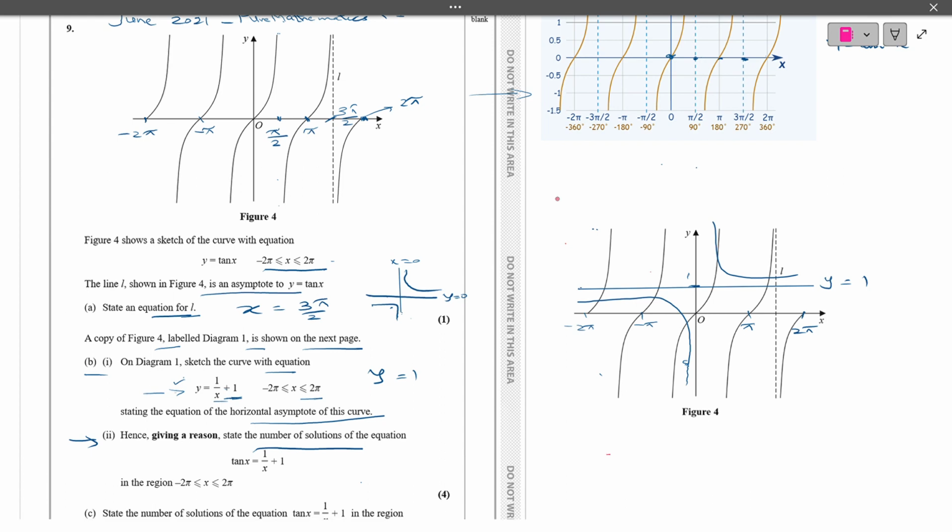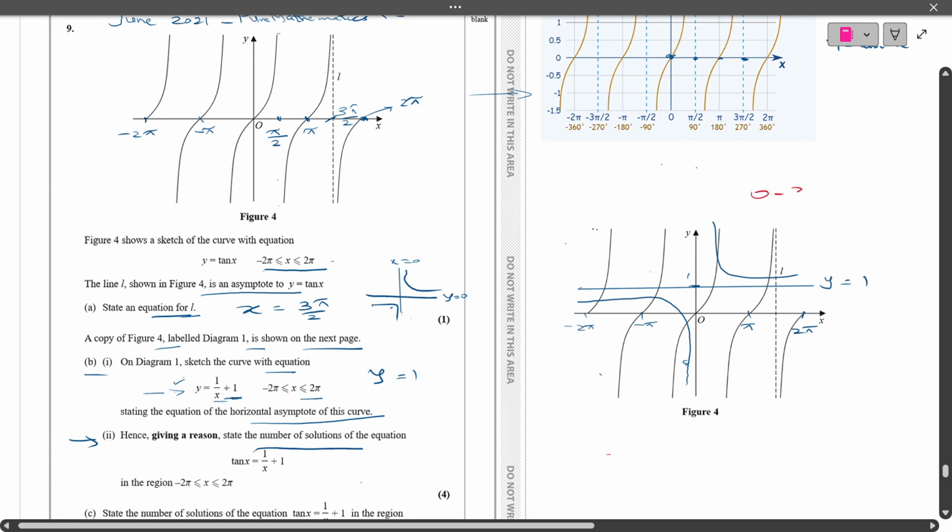Let's look at from 0 to 2 pi. From 0 to 2 pi, I have one solution here and another solution here, so I have two solutions from 0 to 2 pi. And if I look at the left hand side from minus 2 pi to 0, I have two solutions on the top and one solution on the bottom.